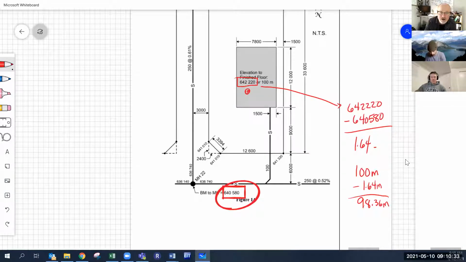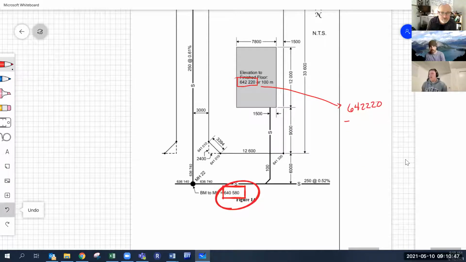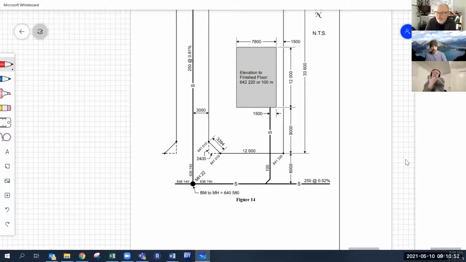From here all the way to the benchmark, that drops 1.64 meters. Okay.